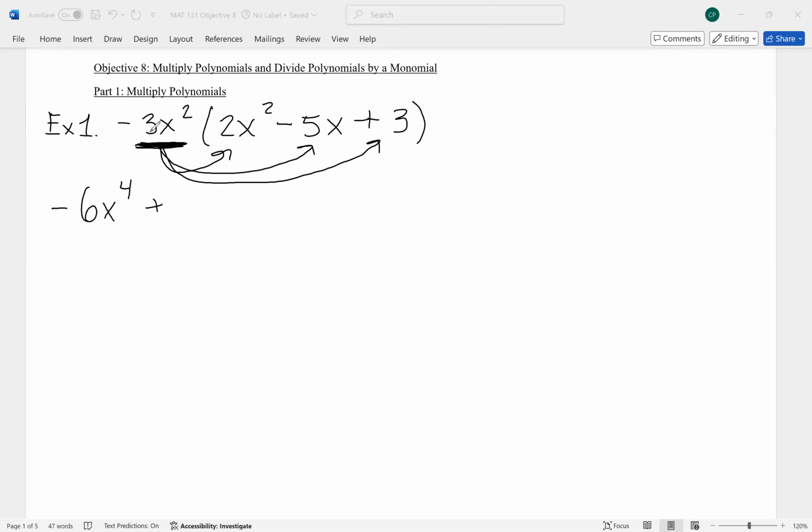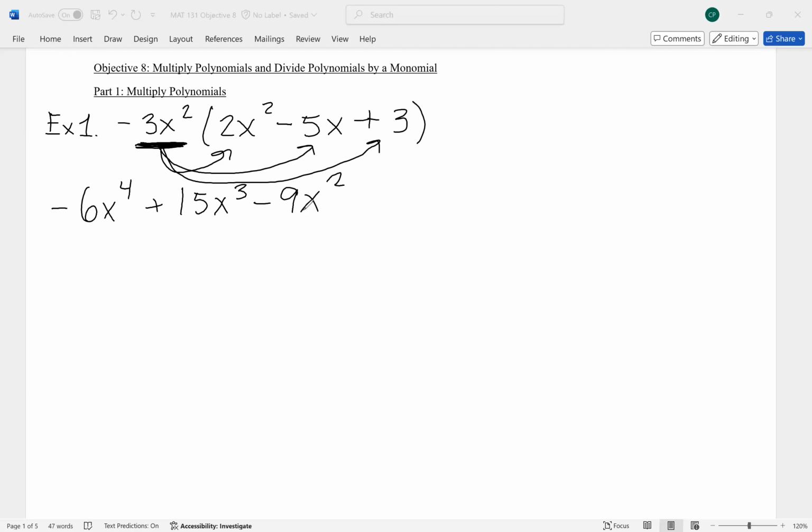Then we need to do negative 3x squared times negative 5x, and that is going to be positive 15x cubed. Then we have negative 3x squared times 3, which is going to be negative 9x squared, okay?